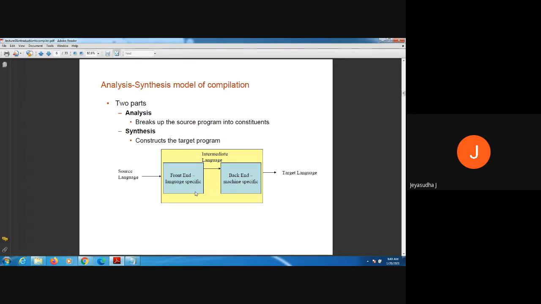That output is given to the synthesis part, which takes the output of the analysis part and converts it to a target program. This is how the model has been generated for a compiler.